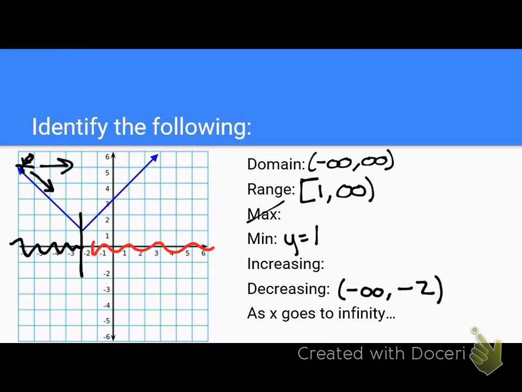Then in red, I'm walking uphill once I get to the second half of that graph, right? So my increasing interval would be from -2 to positive infinity. And then looking at the trend of the graph as x is going to infinity, this arrow is going up forever, so it looks like y is also going to infinity.